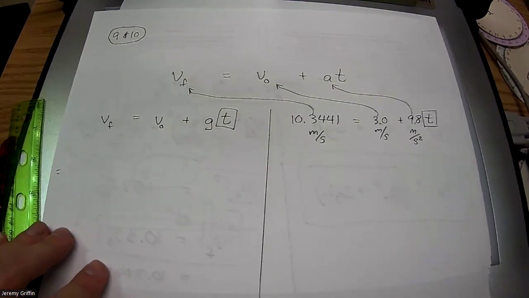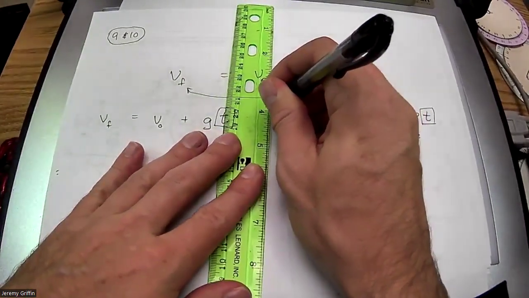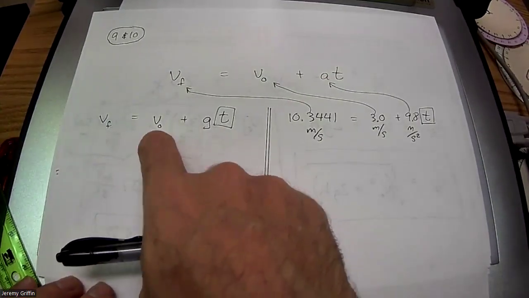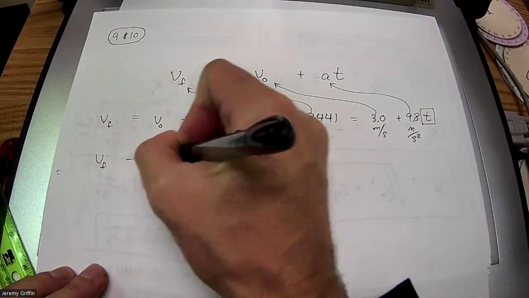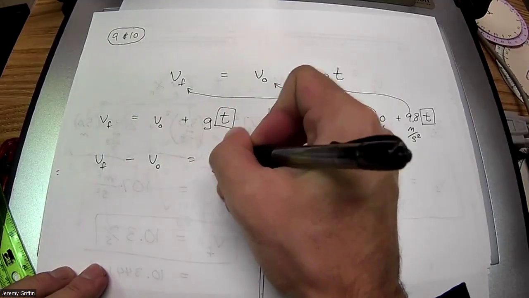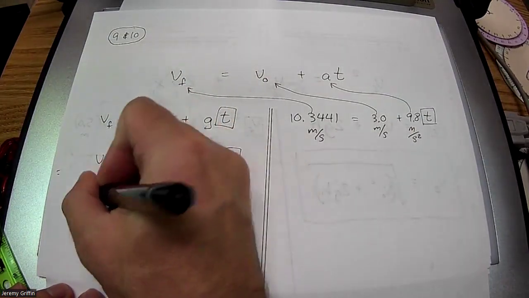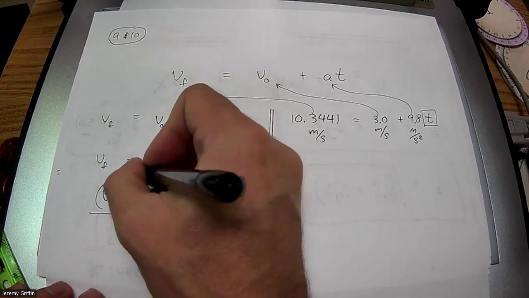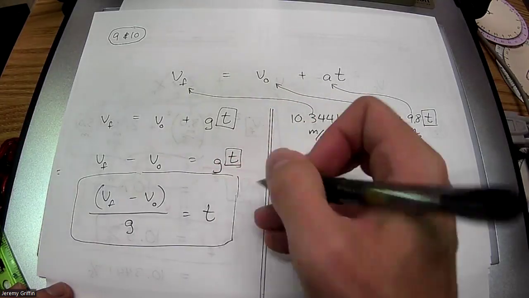Just like that. If I was solving in terms of variables, I would subtract this v naught. So final velocity minus initial velocity equals gt. Therefore, final velocity minus initial velocity, all divided by the gravity field, is how much time has passed. So there's the general master answer that's true for everybody's paper.